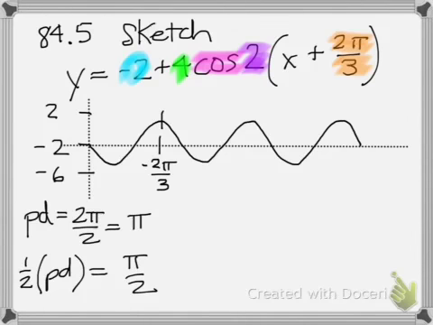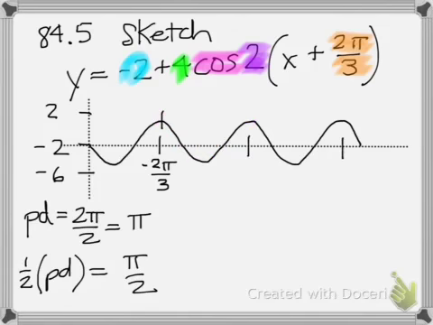In this case, I think it's easier just to add pi to begin with, so that's what we're going to do. If we add pi to go one whole period, it's going to be going like this. So our next point is going to be right here.